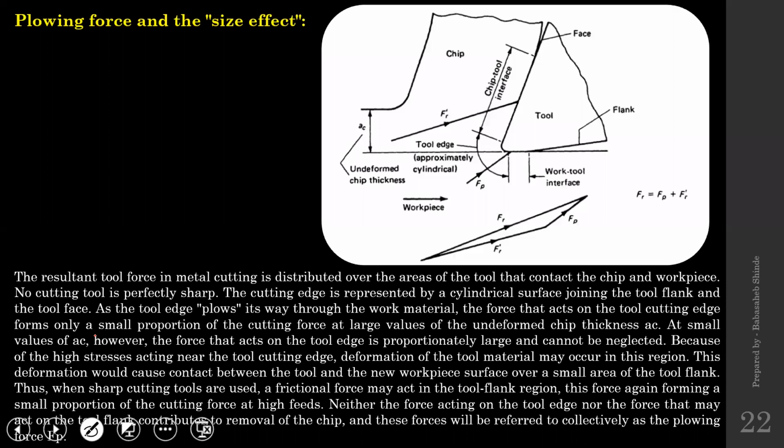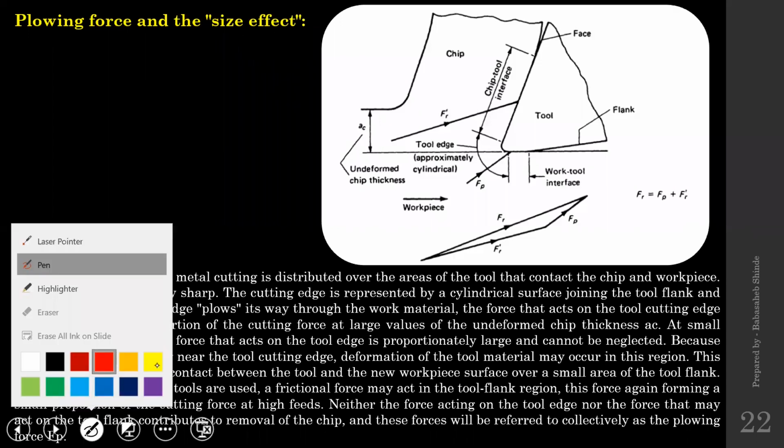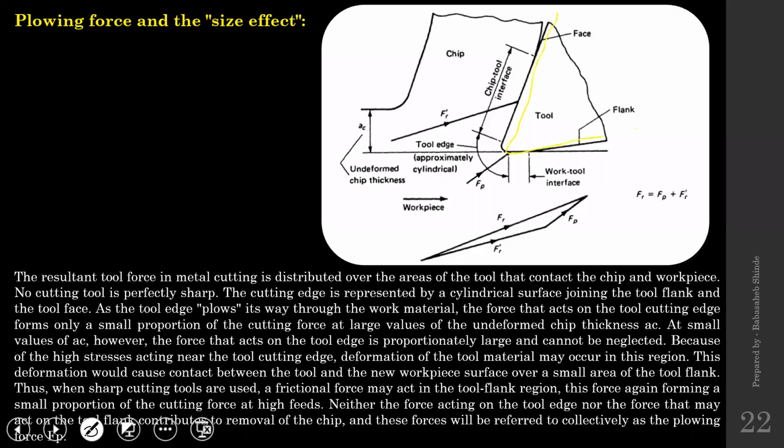So this flowing force and size effect. What is this concept? So this is a cutting tool. Now this cutting tool is going to be in contact with the workpiece material at three locations.